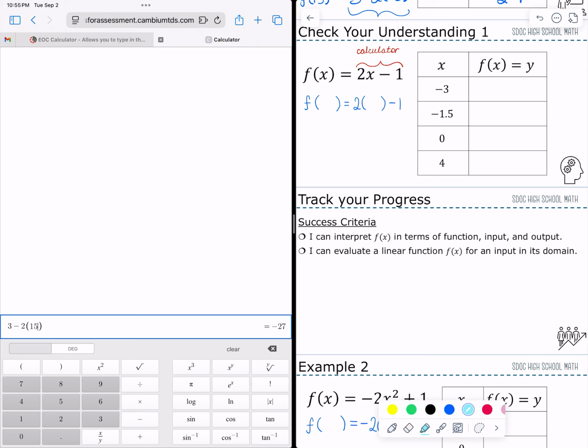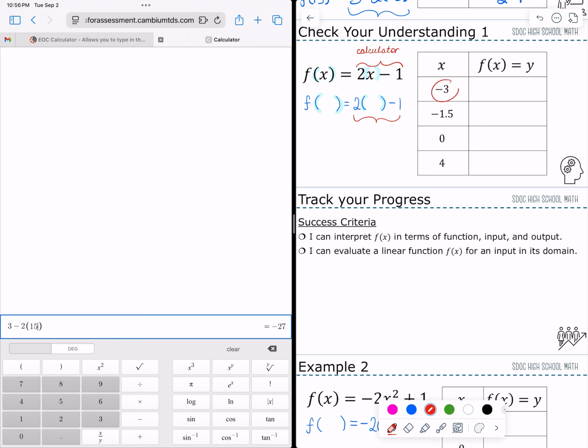So here, wherever there was an x, we're going to replace that x with a set of parentheses. Now I want you to go ahead, solve this, plugging only in this piece into the calculator.